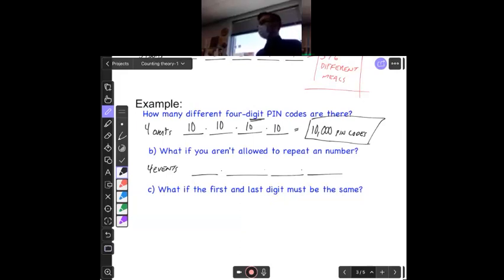That first number you pick, how many choices do you have? 10. What about the second number you pick? 9. You can't pick the same number you already picked. Third time? 8, and then 7.